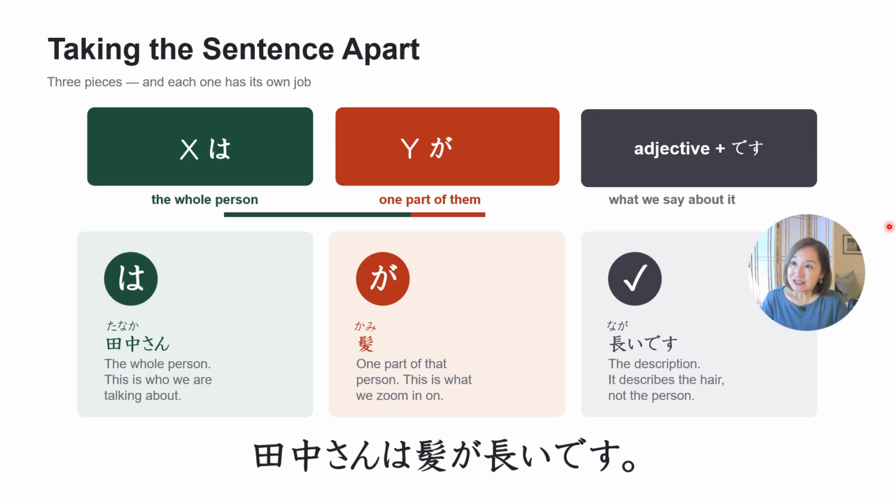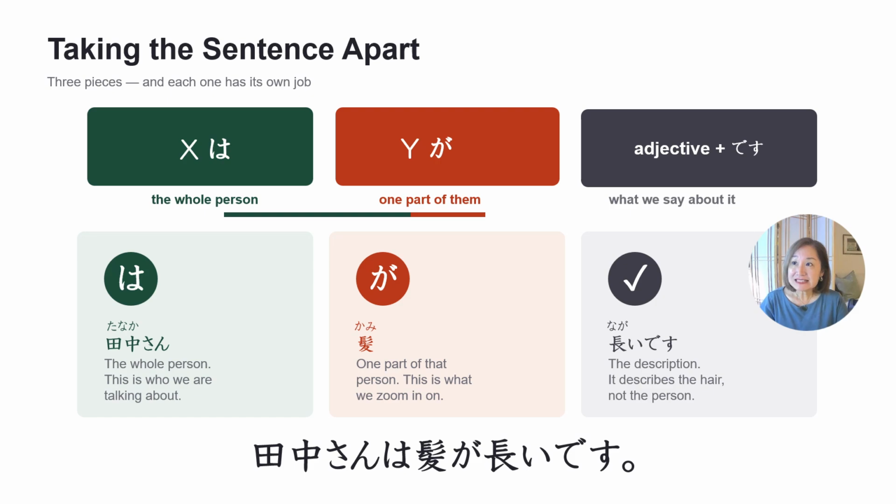If we translate the sentence literally, it means, as for Tanaka-san, the hair is long. That sounds strange in English, so naturally we say Tanaka-san has long hair. But notice, the Japanese doesn't use a word for have here.